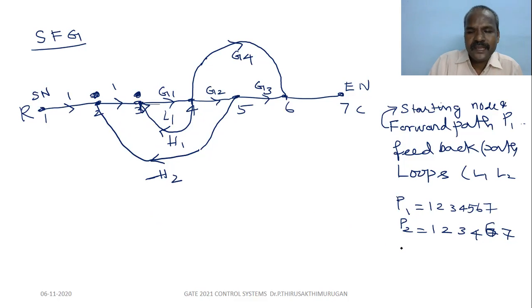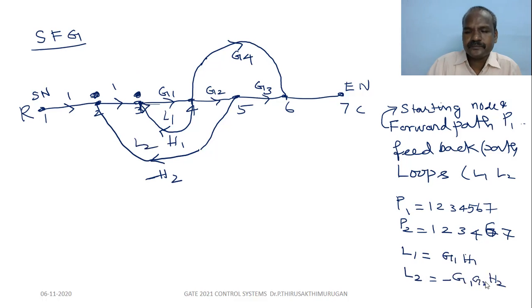So the loop gain of L1 is G1 H1, and L2 is minus G1 G2 H2.